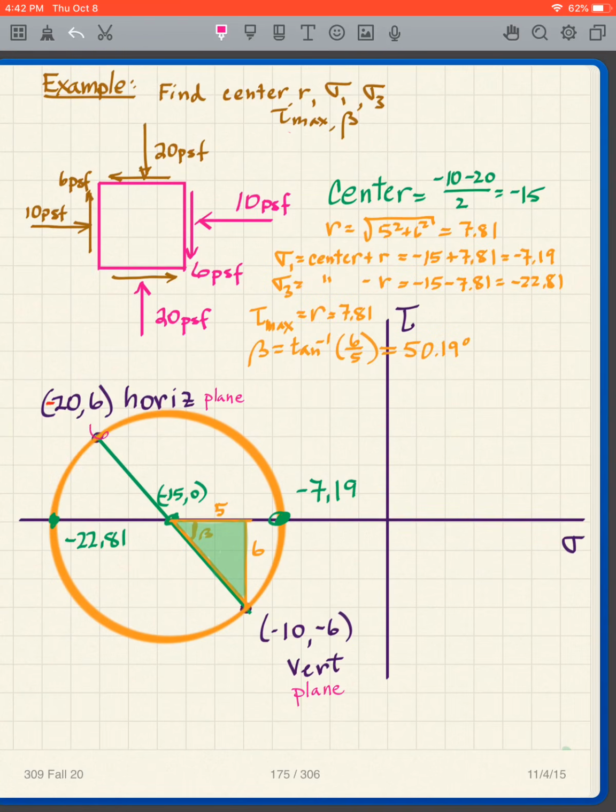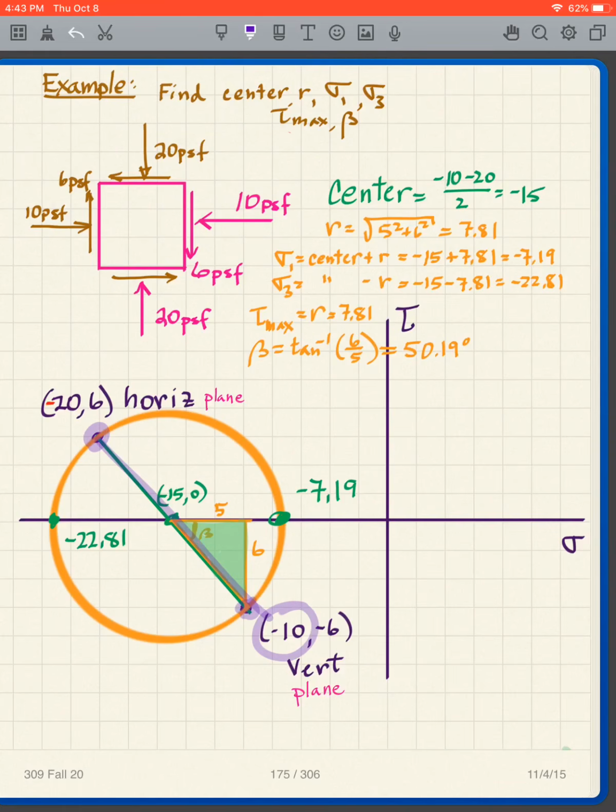I draw a line between the two of them. Okay, so yeah, I get that point, I get that point, I draw a line between the two of them.